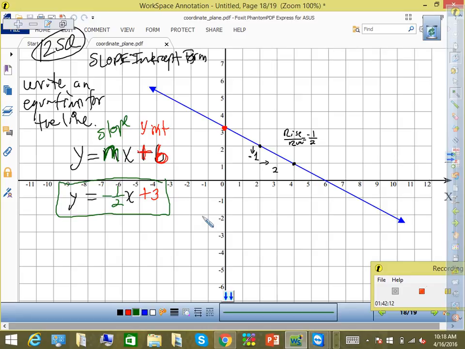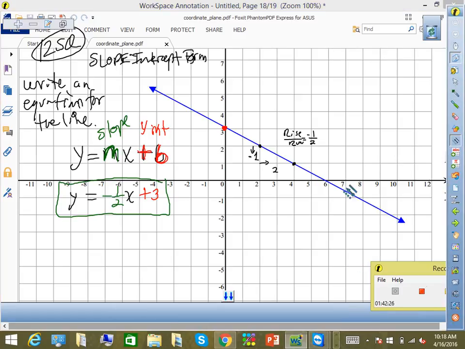How we doing? Okay. Let's graph one more line on that same coordinate plane that you created, and I want you to find me the equation. Here we go. I'm going to draw this one in red.